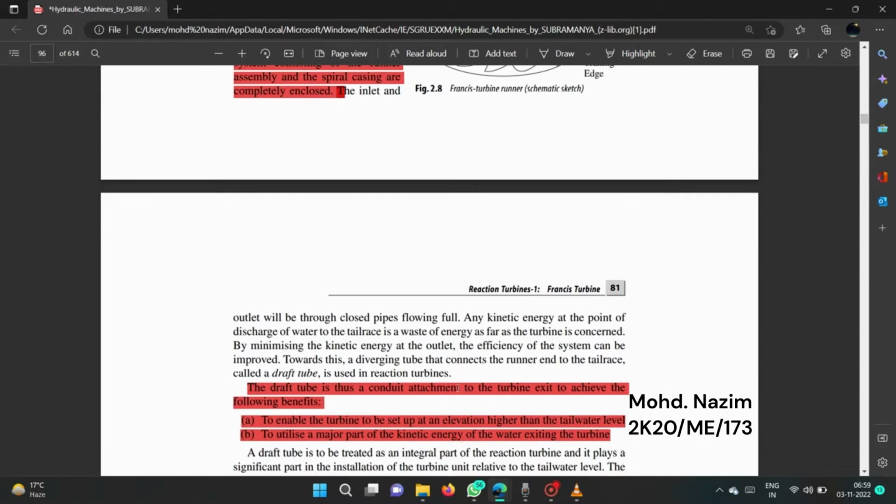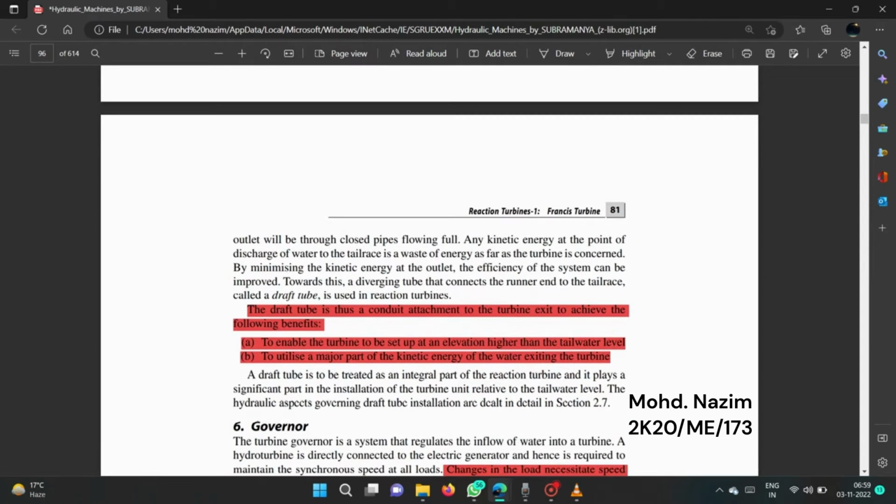Basically, the main function of the draft tube is to reduce the water velocity at the time of discharge.